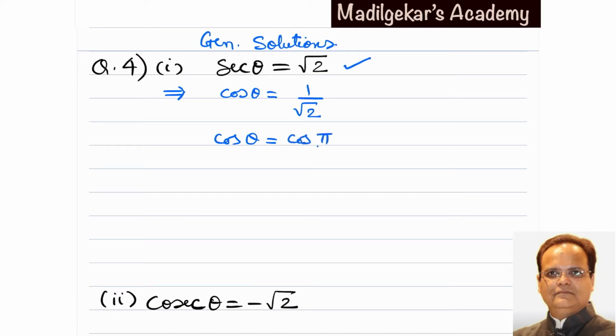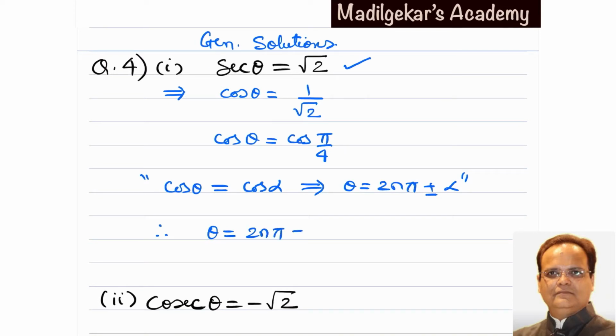So it is cos pi by 4. Recall the formula cos theta equals cos alpha. So this implies theta equals, yes, 2n pi plus or minus alpha. Using this formula, we get the general solution as theta equals 2n pi plus or minus pi by 4.